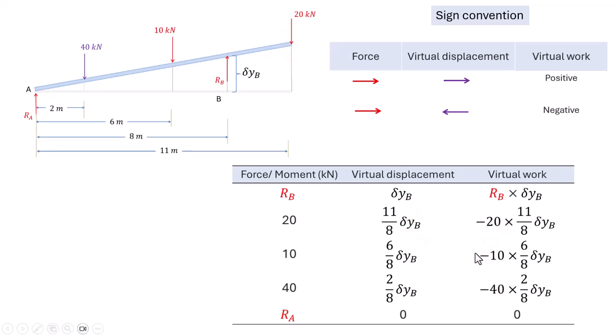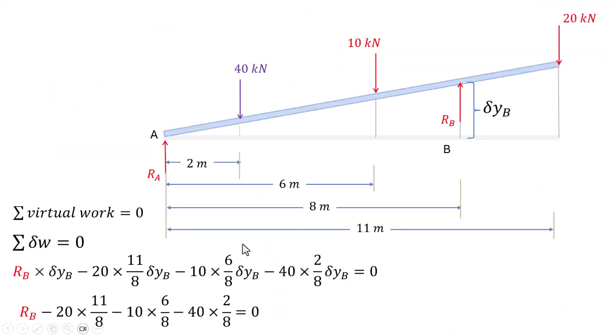You see, the data is presented in tabular form for better understanding. But once you are familiar with the procedure, you can write it directly in equation form. After writing it in equation form, we apply the principle of virtual work by equating the algebraic sum of virtual works to 0. We get the final values here.